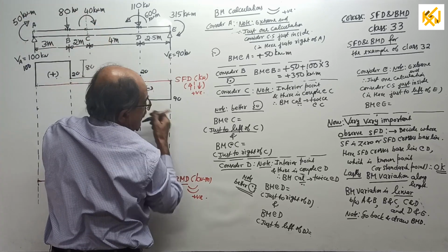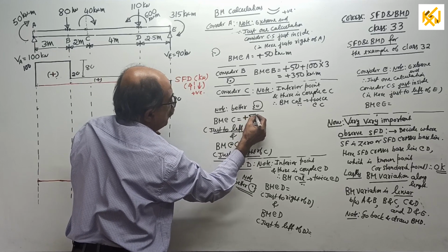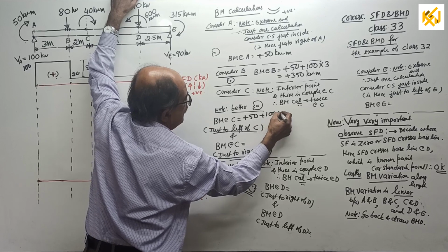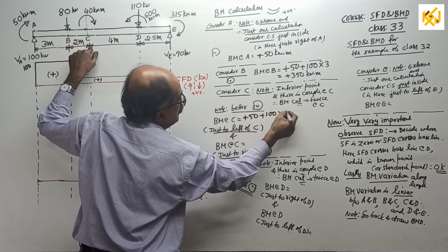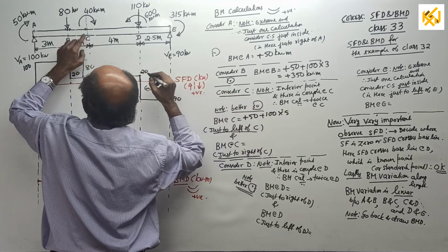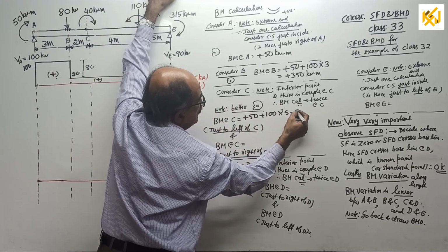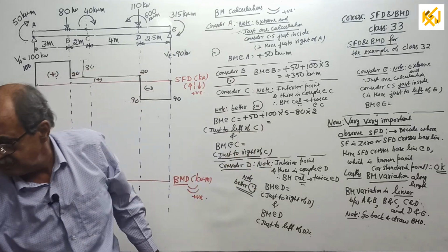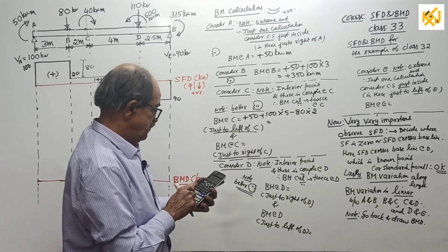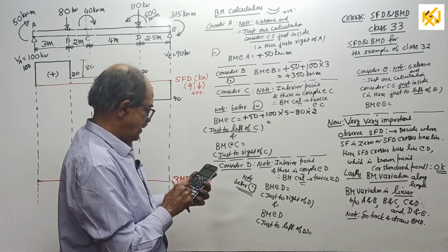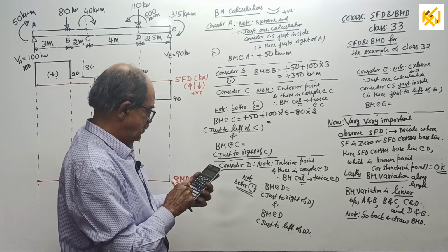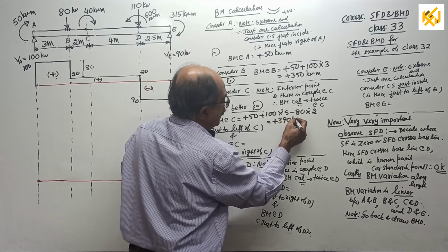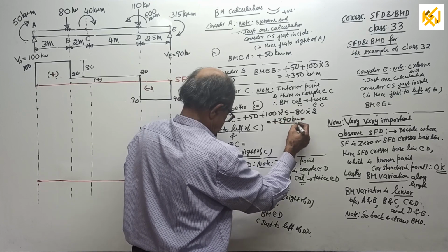Plus 50, no into, plus 100 into 5, because why? Distance should be from C, minus 80 into 2 is the bending moment there. I will calculate in front of you only. Plus 50 plus 100 into 5 minus 80 into 2 is plus 390 kilonewton meter, the bending moment there.